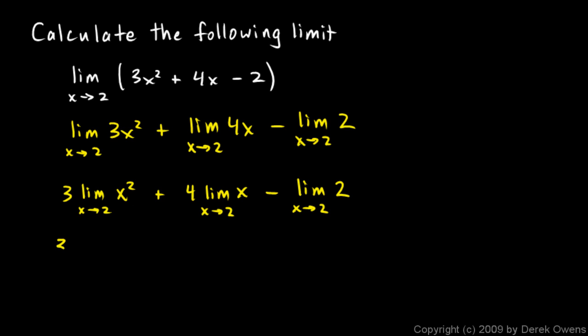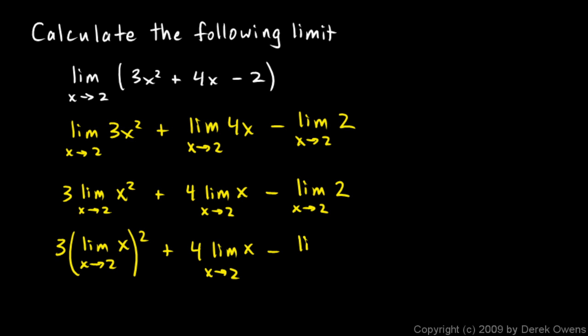So I can write 3 times the limit as x approaches 2 of x times the limit as x approaches 2 of x, which means I'll just square that, plus, and then these other 2 terms stay the same, 4 times the limit as x approaches 2 of x minus the limit as x approaches 2 of 2. And now I can evaluate this.